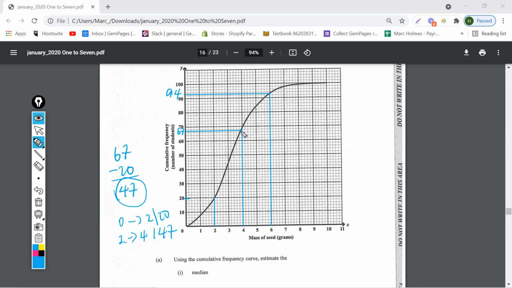It stops at 67. Am I right? So 94 minus 67. How much would this be? 27.